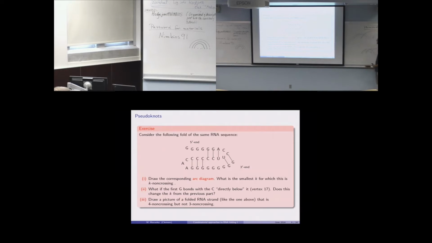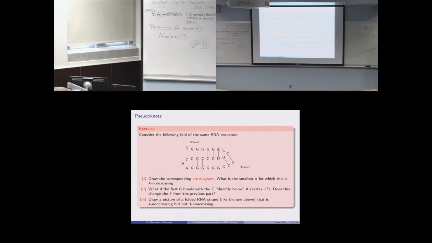How would that change? So let's do that. Now the first guy is bonding with that C, which is inside of here. So is that going to change the crossing number? Is it still 3 non-crossing? I think so, right? You can point out that it's still 3 non-crossing.